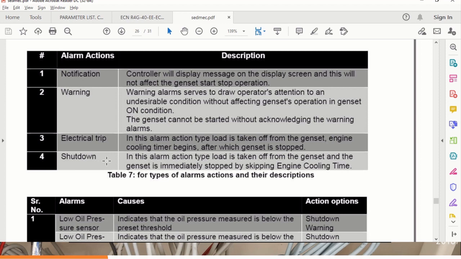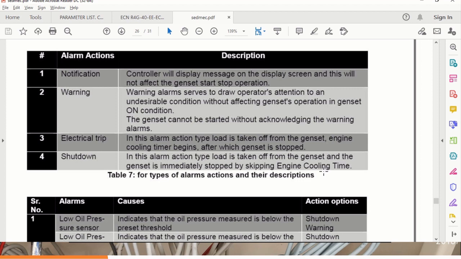And shutdown means in this alarm action type, load is taken off from the genset and the genset is immediately stopped by skipping the engine cooling time. Normally engine cooling time is 60 seconds to 300 seconds depending on the type of engine. But for a fault like low lubrication oil pressure, which is a very severe fault, we cannot even run the engine once this alarm is reported.